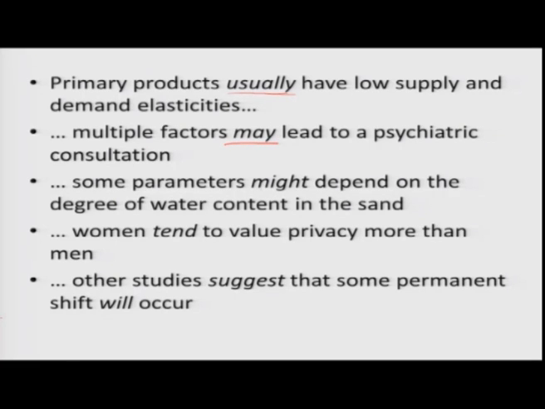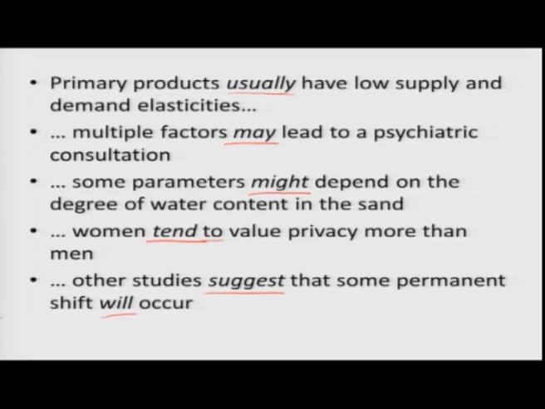Some parameters might depend on the degree of water content in the sand. Might is the hedging device. Women tend to value privacy more than men. Tend to is the hedging device. Other studies suggest that some permanent shift will occur. Suggest and will, both these are hedging devices.